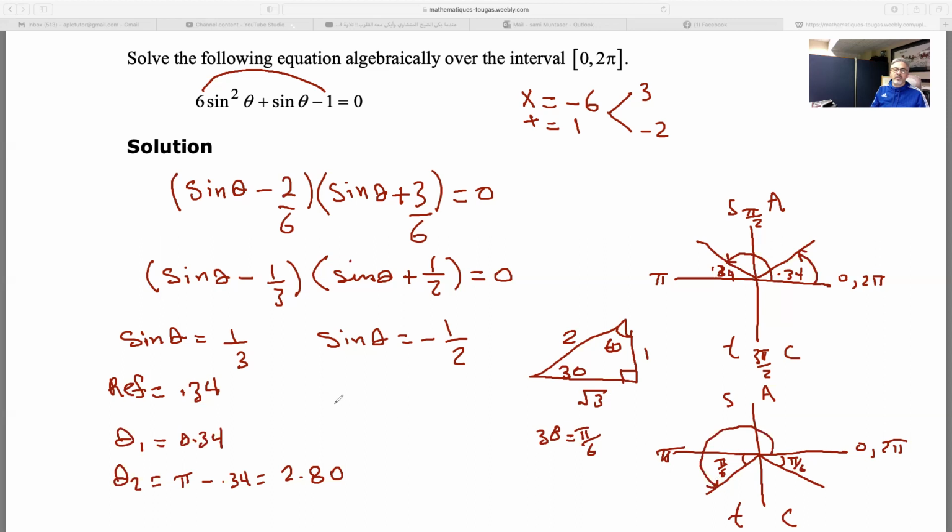This angle, theta 3, would be pi plus pi over 6, because you're going all the way to pi and adding the pi over 6. If you do common denominator, I multiply top and bottom by 6, so that's 6 pi over 6 plus pi over 6, which gives me 7 pi over 6.